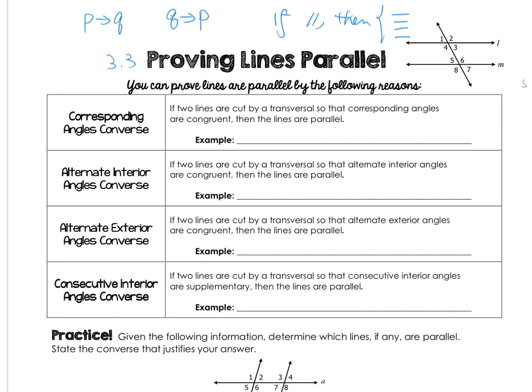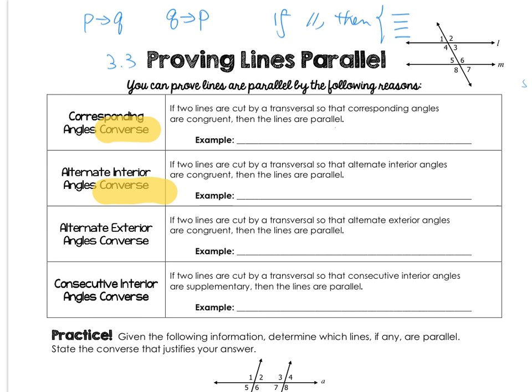That's simply the converse of the statement that we learned in the last unit. Same thing with alternate interior, which states if alternate interior angles are congruent, then the lines are parallel. So now your conclusion is that you're trying to prove lines are parallel.